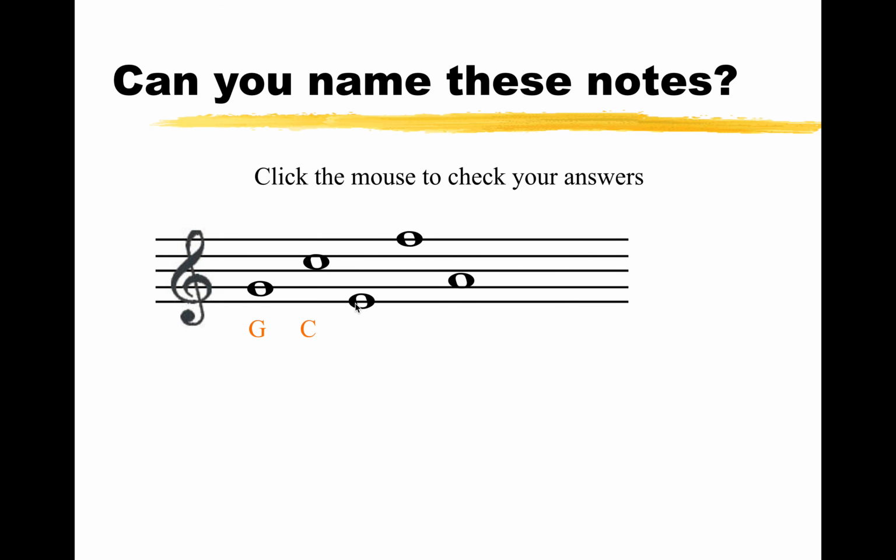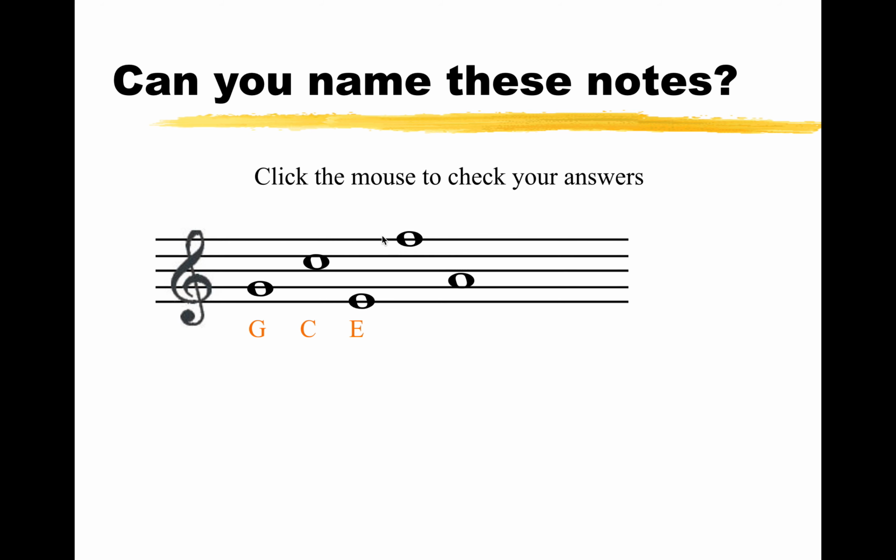Here's a note on the bottom line, the first line. Once again, we could count alphabetically. Since it's lower, we'd have to go backwards. So it would be G, the space in between would be F, and this note is E. Also, if we remember our saying, every good boy does fine, the first word is every, E, and that note is an E. Once again, we could count up to this note.